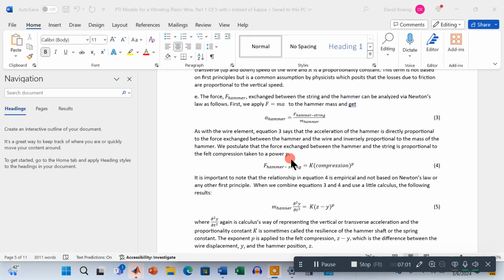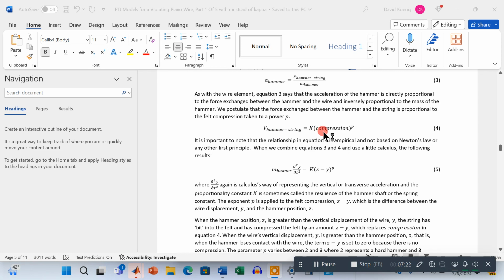Equation 4 says that the force exchange between the hammer and the string is equal to a proportionality constant, capital K, times the compression taken to a power p.